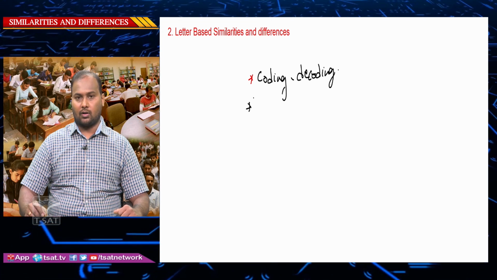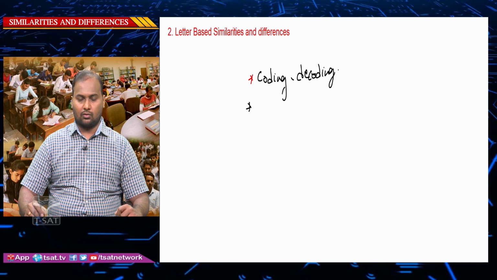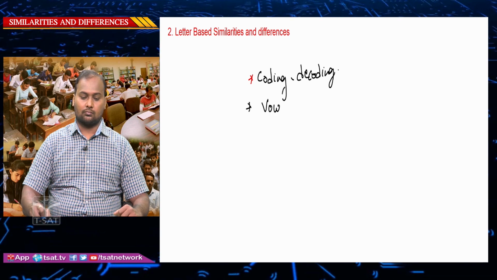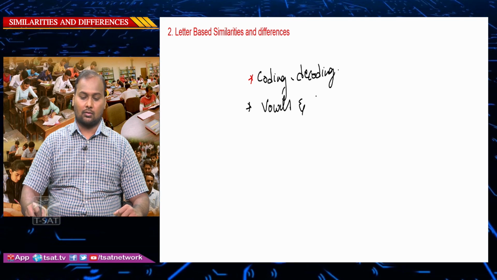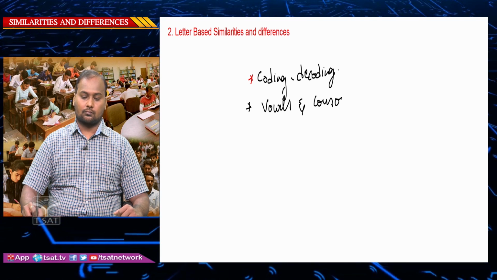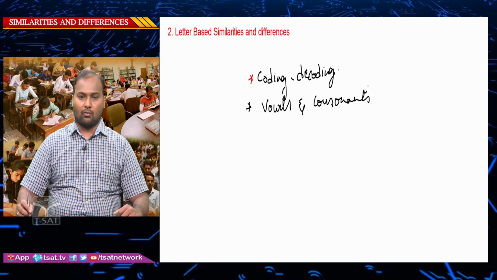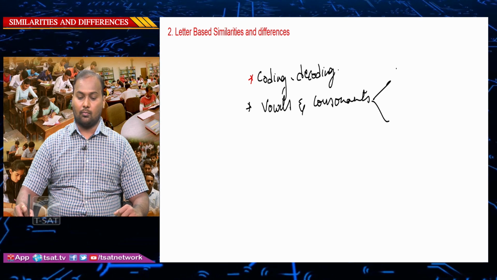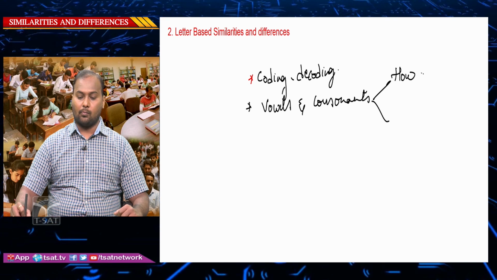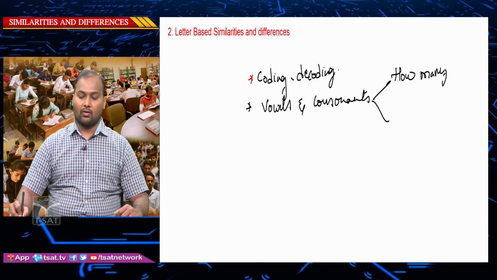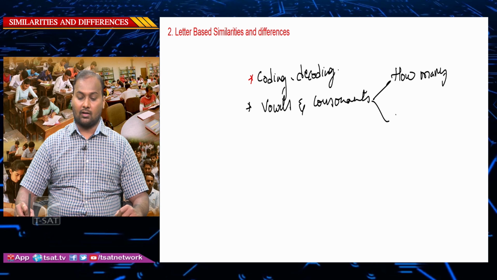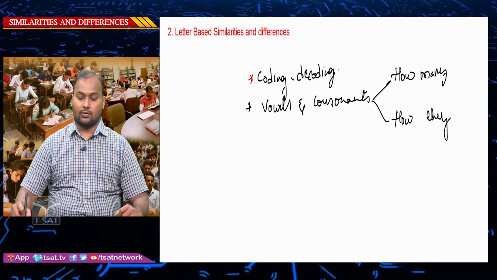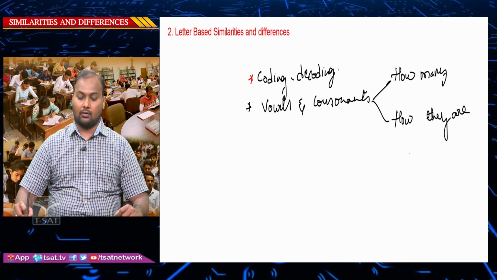The next very, very important area that students should know to do this topic very well is vowels and consonants. In vowels and consonants, the student should know how many vowels and how many consonants there are, and the second one is how they are arranged.